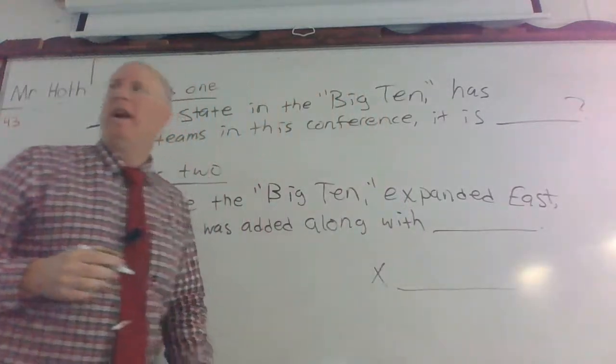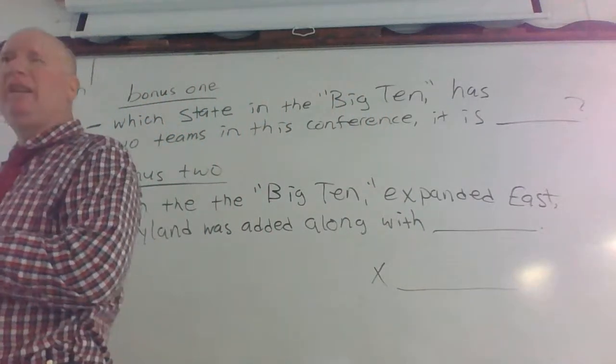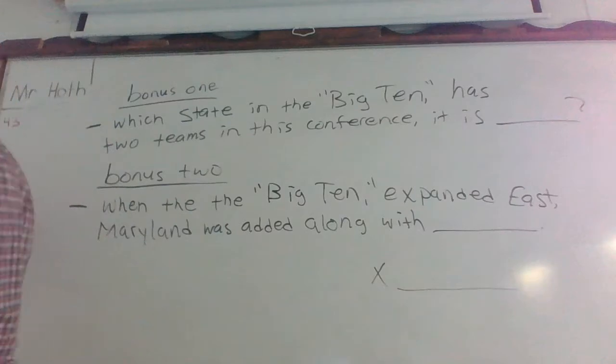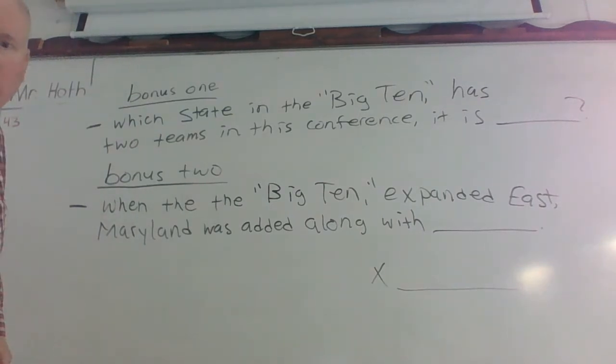So I don't know when that was, maybe 2013, 2014, somewhere around there. Because when you think of this, there's more teams in the Big Ten Conference than 10. Well, that's enough for this, so we'll catch up to you next time.